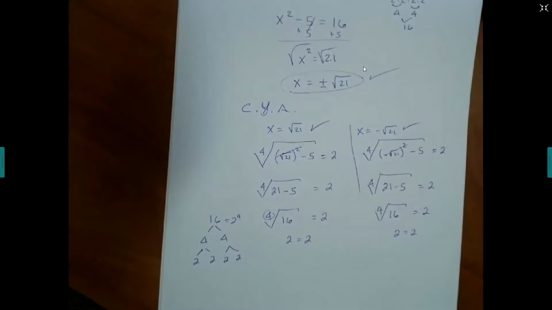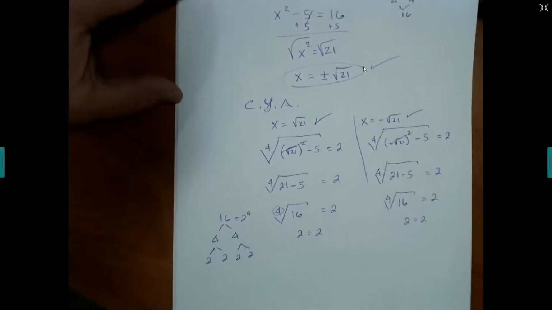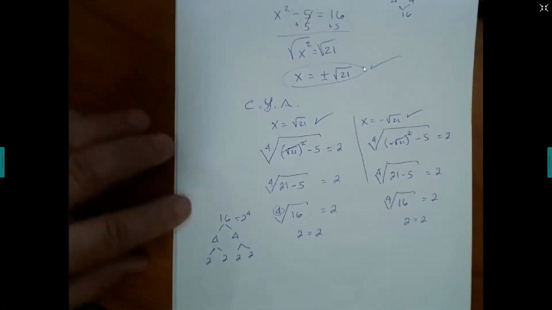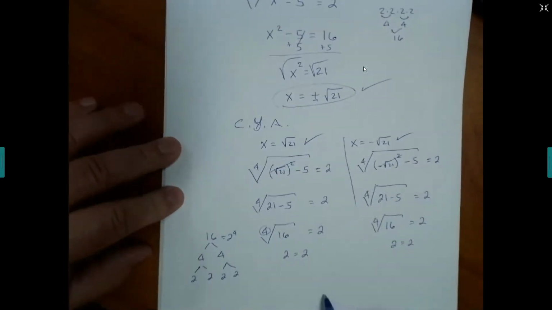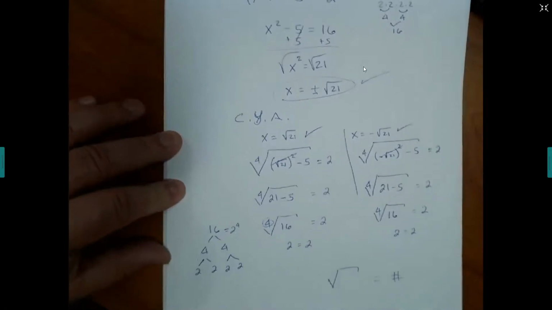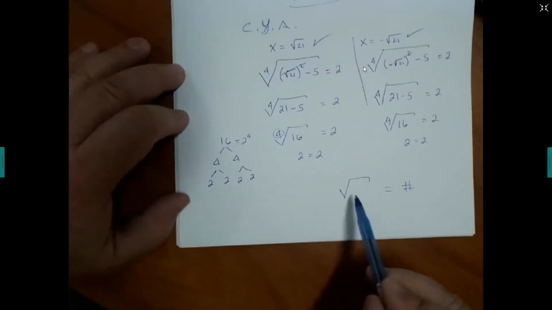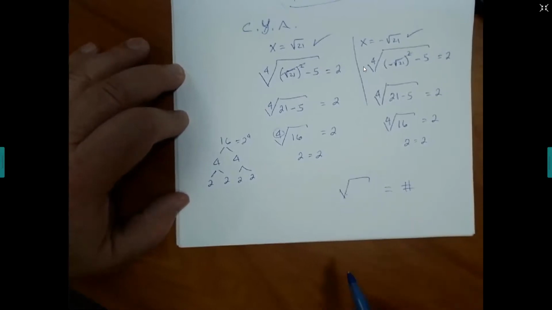The reason I say check is because we just saw an instance where one of them didn't work. So whenever you deal with radicals, it's important that you isolate the radical first. You notice in every one of these examples, you always had the radical equals some number. We can't do anything with the radical until it's by itself.